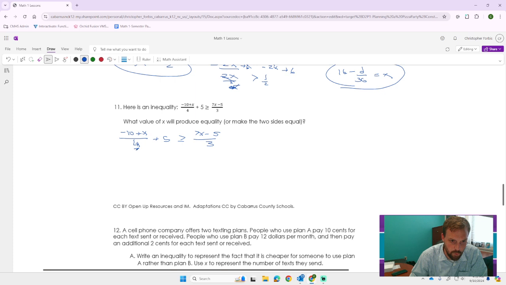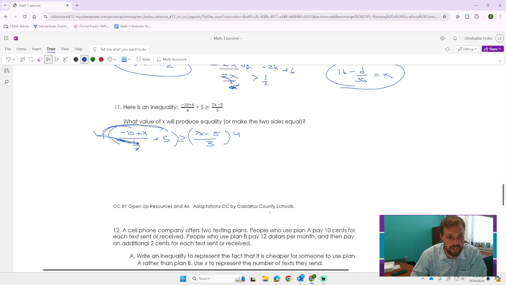Let's get rid of this 4 on the bottom. So I'm going to multiply this side by 4, and whatever I do on one side, I've got to do on this side. So I distribute the 4 through. And the good thing about doing that is it cancels out with this one, but then don't forget to do 4 times 5, which is 20. So I get negative 10, I'm sorry, I already messed up.